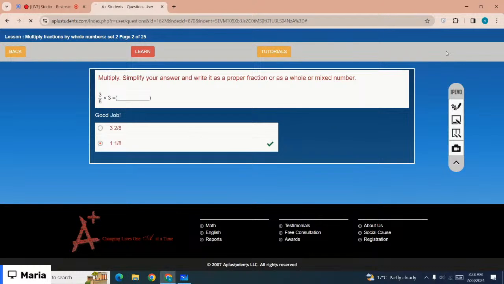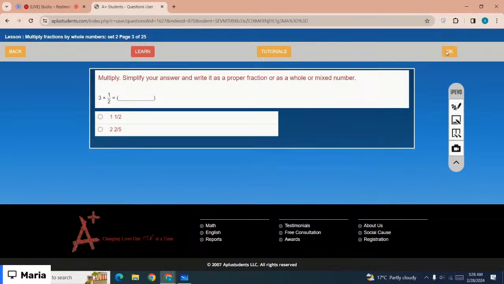Okay, the next one is 3 times 1 over 2. So which is the correct option? Solve the question on your notebook and write the correct option here.